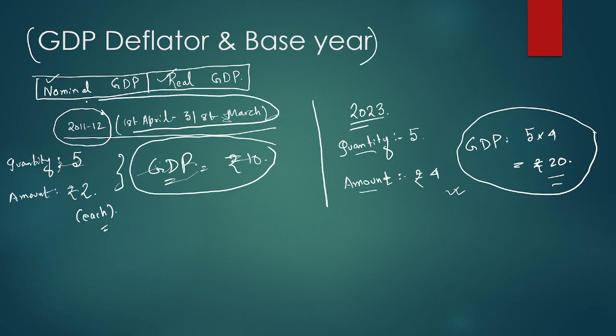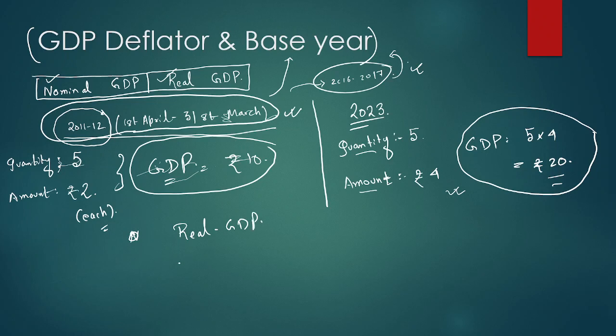The financial year starts from 1st April and ends on 31st of March. You should know this if you have gone through Lakshmikant's book, and also that's a very basic thing. So 2011-2012 has been chosen as the base year. Central government is trying to change it, and I have heard about 2016 or 17, something like that. If it gets changed, we have to study that in current affairs, and the GDP calculation will change, the real GDP, everything. Okay, so let's study the real GDP first.